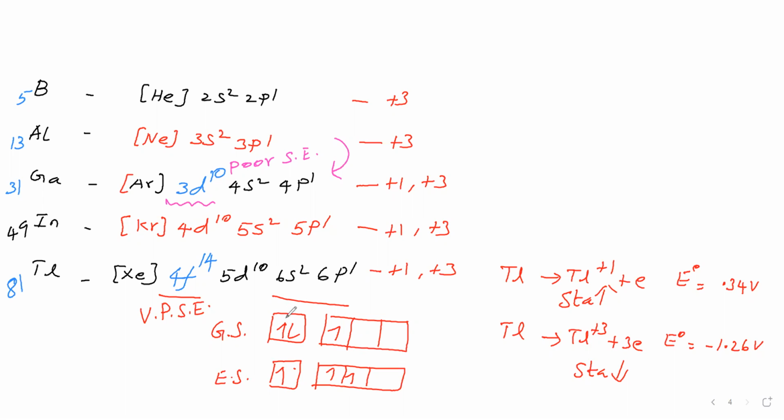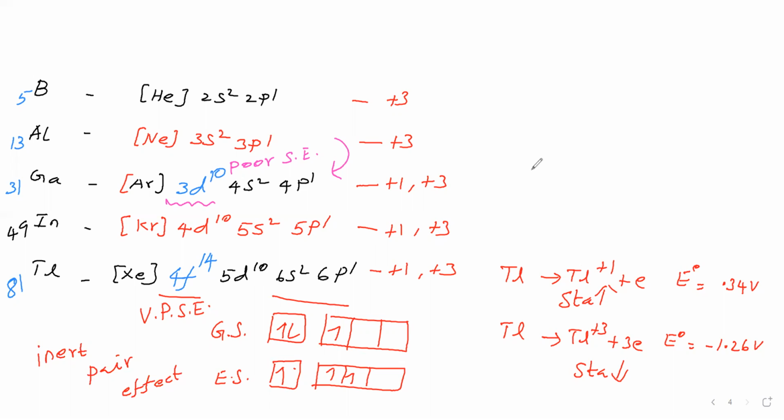So the 6s electrons like to stay inert, and since it is a pair of electrons, it is the inert pair effect. So due to the inert pair effect, thallium has higher +1 stability when compared to +3. Why is thallium +1 more stable than +3? Because of the inert pair effect. Why is thallous more stable than thallic? Because of the inert pair effect. The inert pair effect is due to what? 4f14, very poor screening effect.